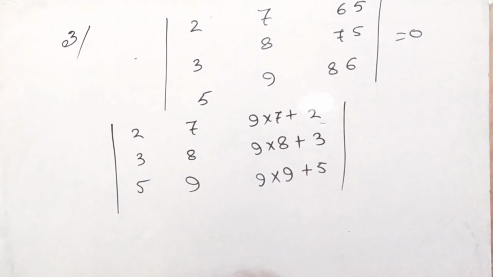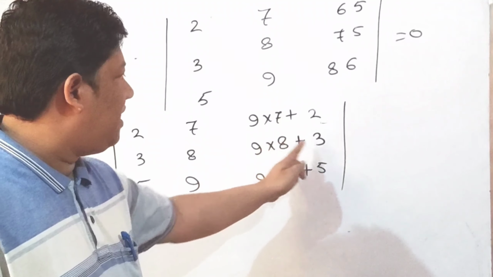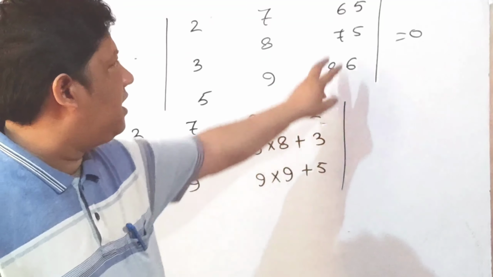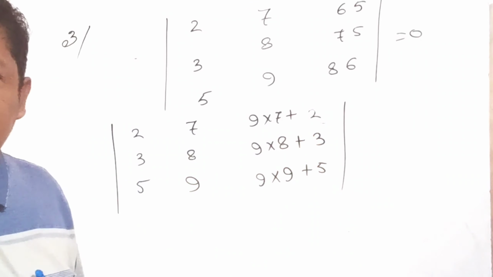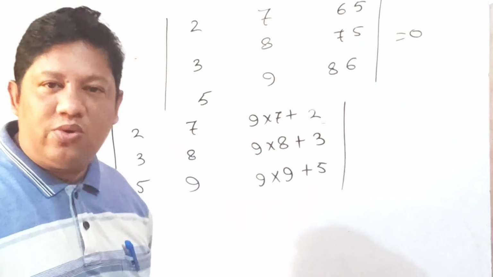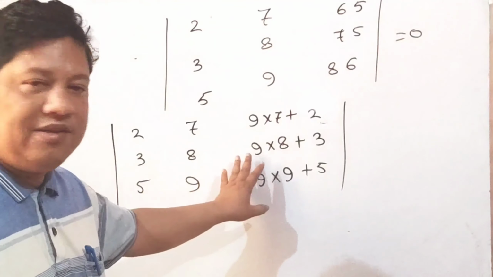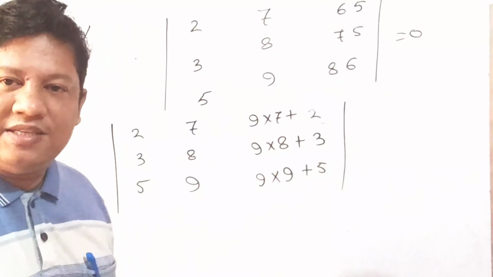Look here, these two numbers multiply and add this, then you get C3. Yes, my students, then I get C3. So in these cases I get like this, because this can be expanded like this.